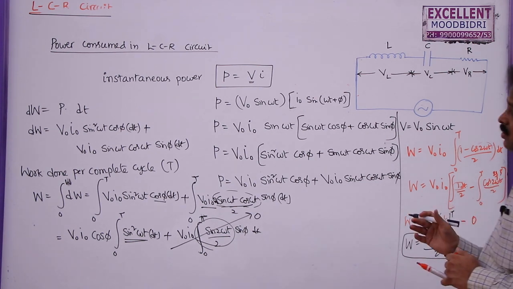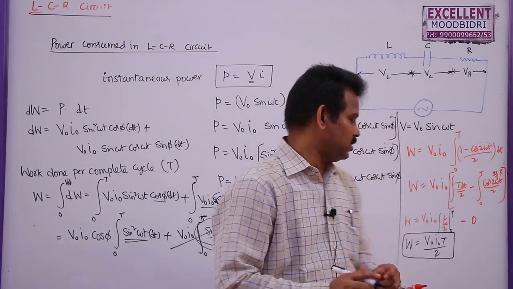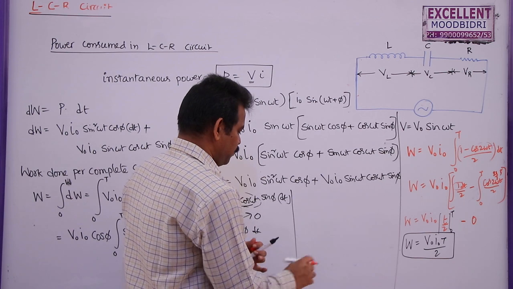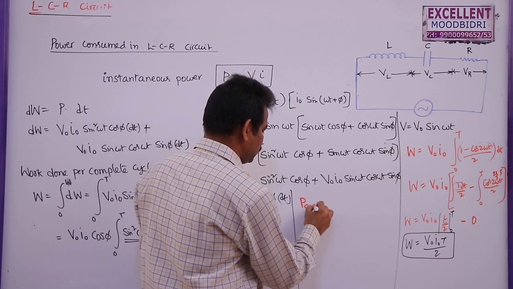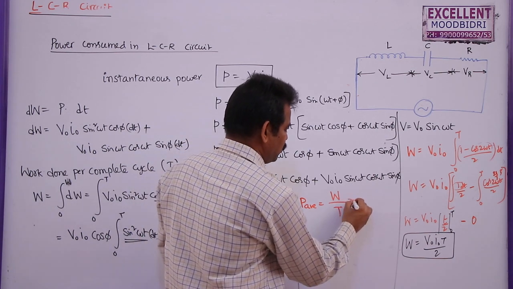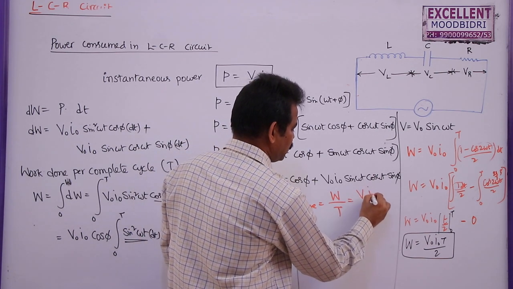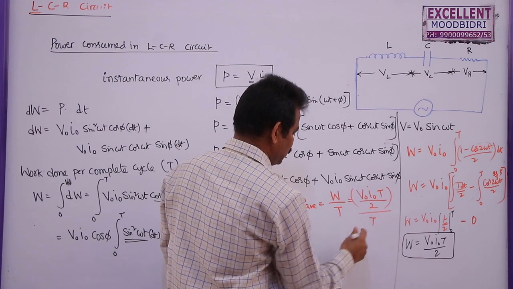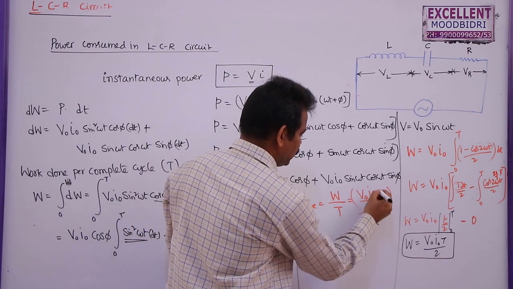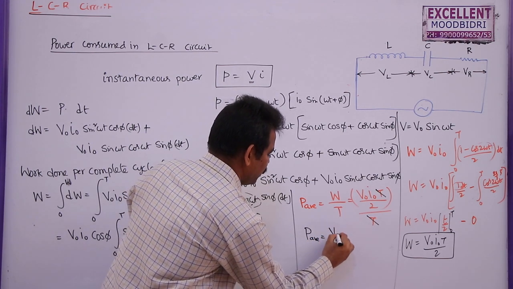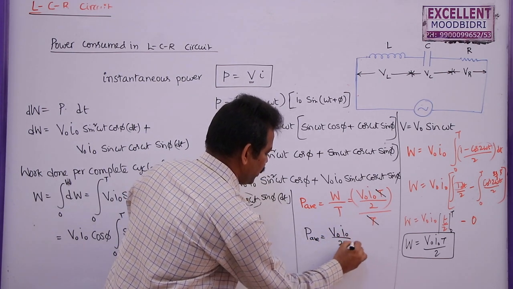But we need the average power consumed in one cycle. The average power P average is the total work done divided by the total time taken, which is V naught I naught T by 2 divided by T. Cancel T and T. The average power is given by V naught I naught by 2.